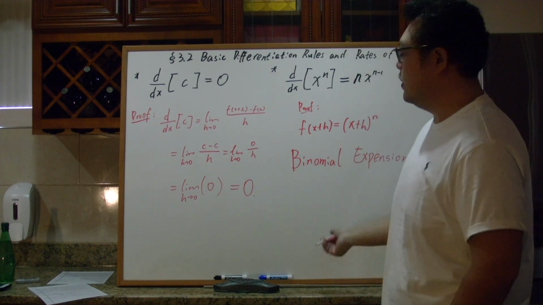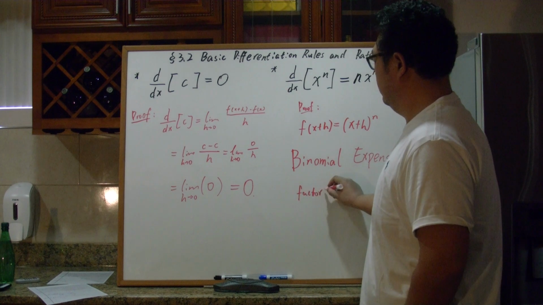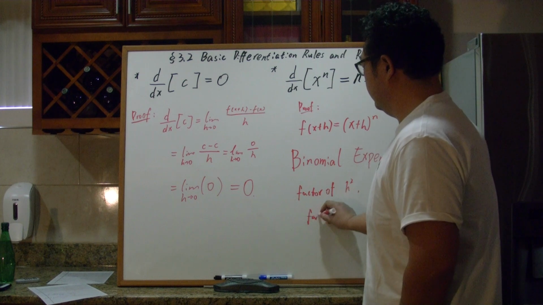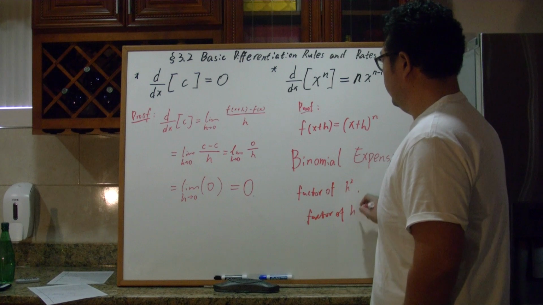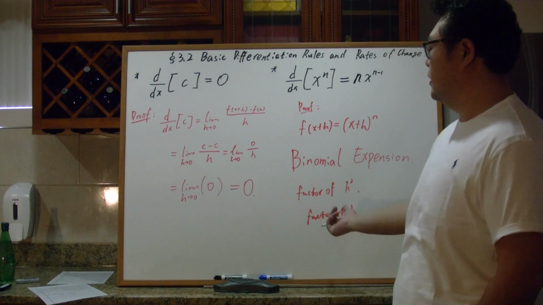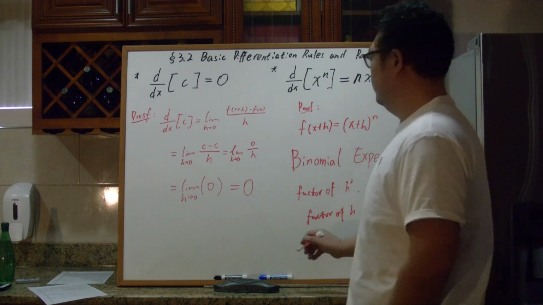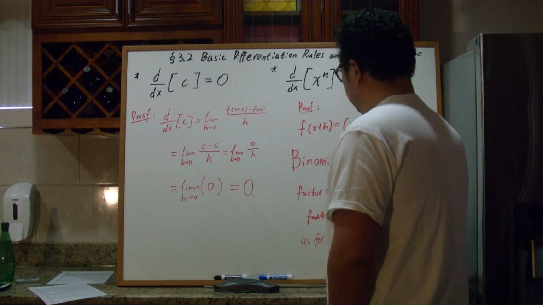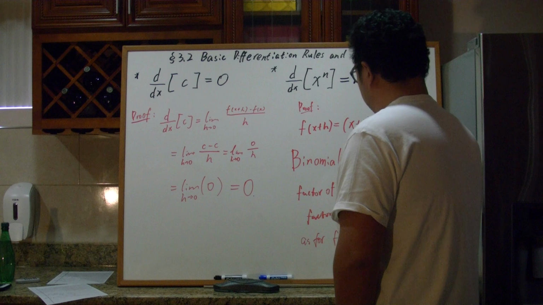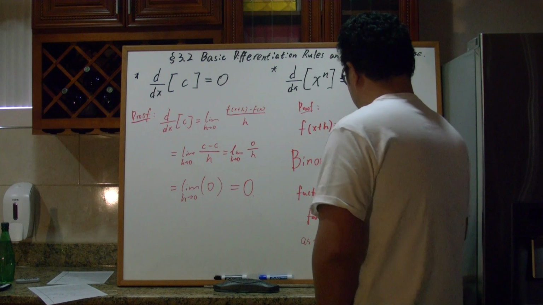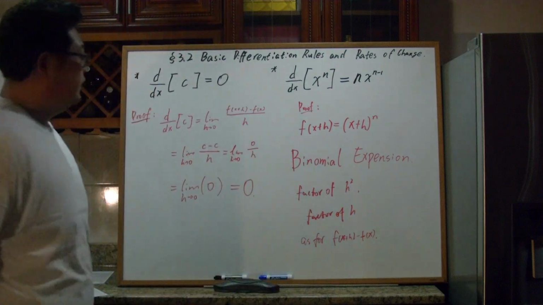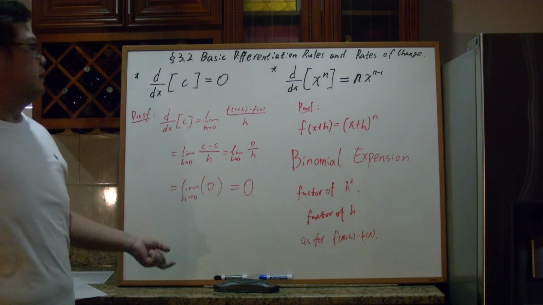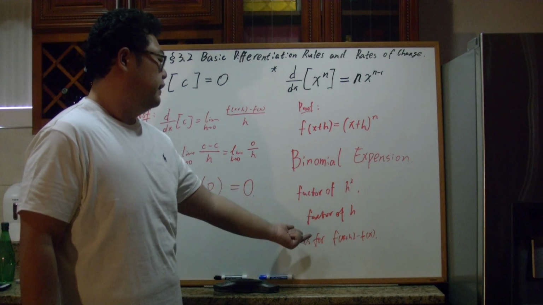After that, we're looking for factors of h squared, then factors of h, right? Terms containing a factor of h squared and terms containing a factor of h for the difference. As for f of x plus h minus f of x, the difference, we're having factors of h squared and factor of h.